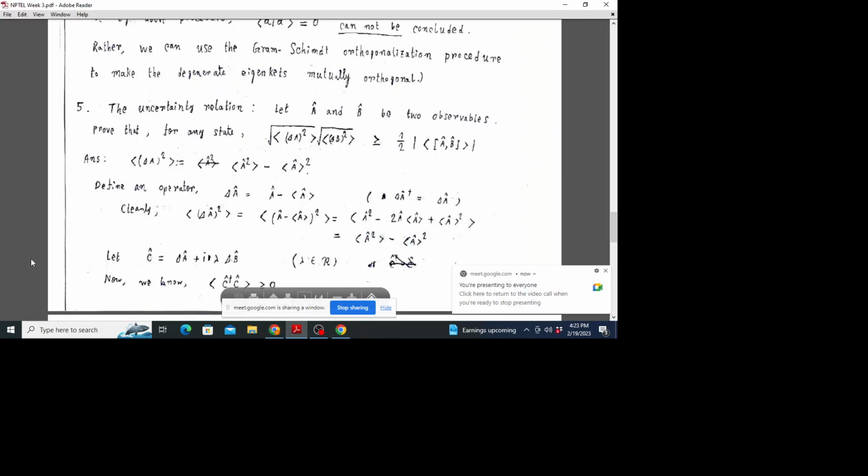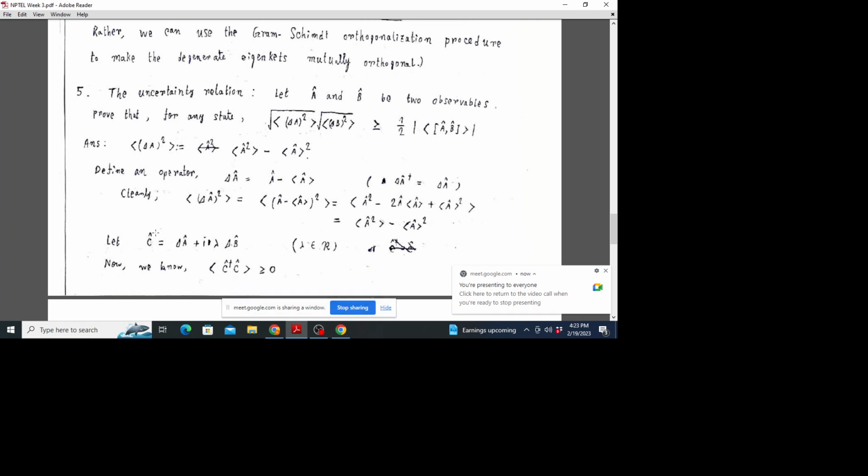Okay, so what we have shown is that the expectation value of the square of the delta A operator that we have just defined is equal to the square of the uncertainty in the measurement of A.